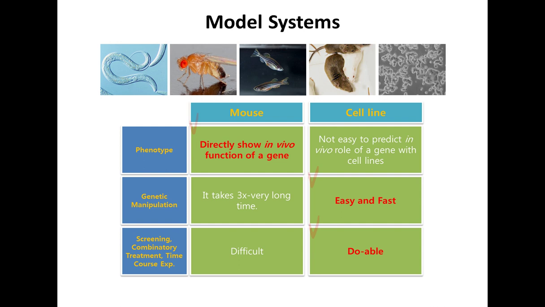So one thing that I want to emphasize is that mouse and the cell line have very clear pros and cons. And the organoid system is probably a new system which combines the positive sides of both. So you can observe the in vivo phenotype, and you can at the same time perform genetic manipulation as well as chemical screening and many other things.